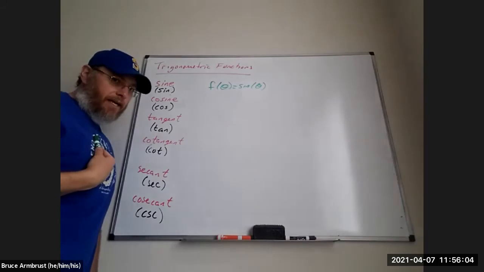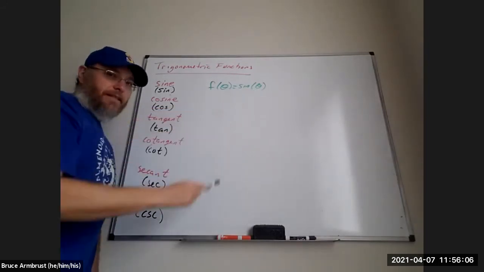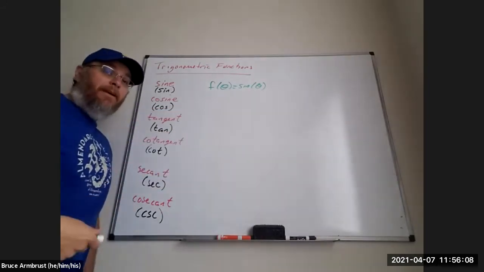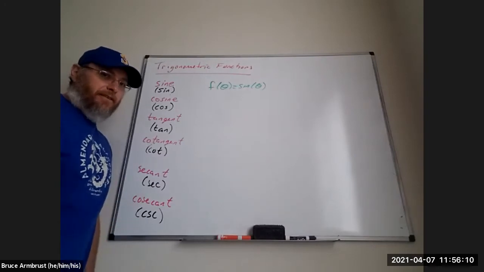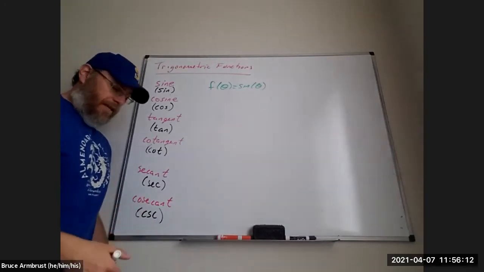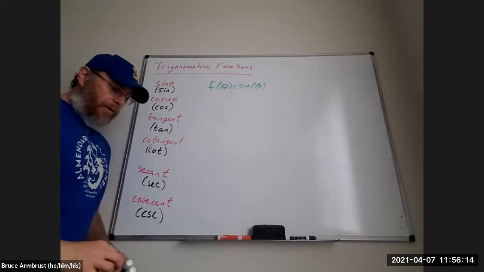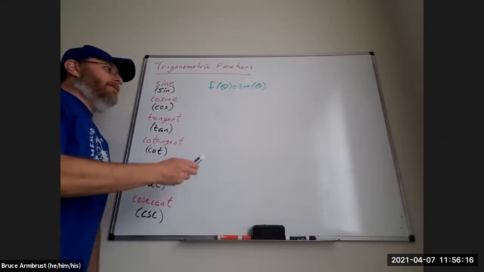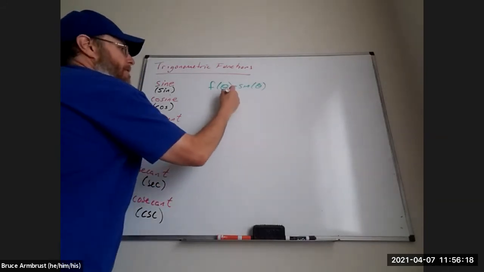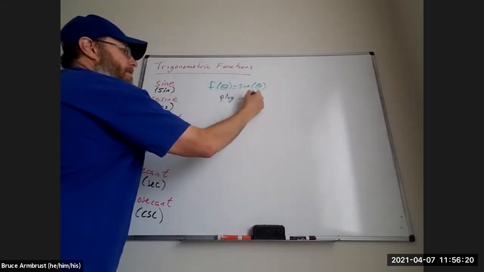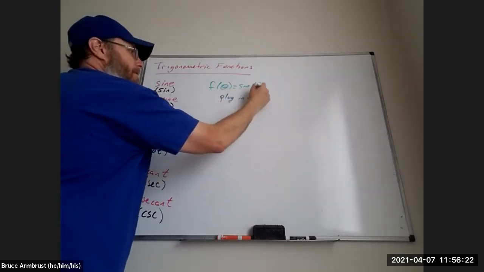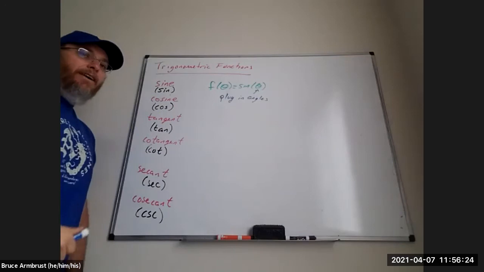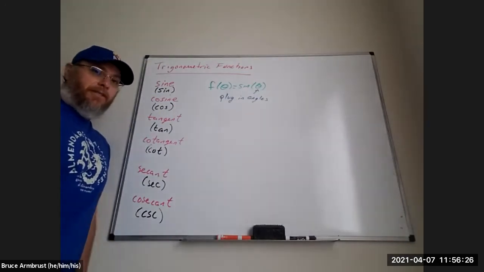I try to always put parentheses, at least at the start, to help you remember that this is a function. We're plugging something in. And what we're plugging in are angles. So angles go into trig functions.